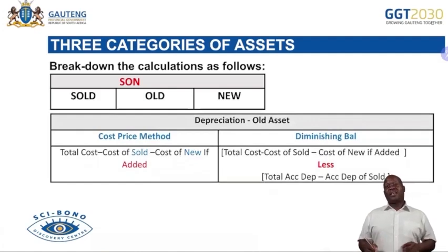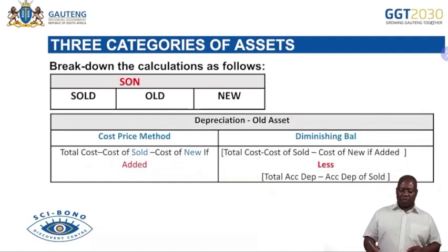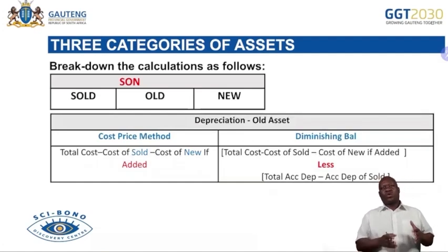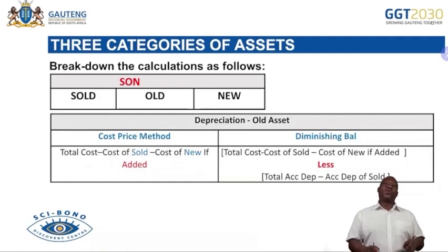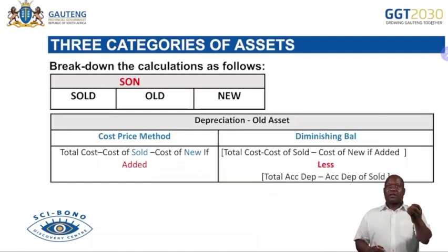And if we are using the diminishing balance method, we go to the total cost of all our equipment, all our vehicles. Then we subtract the cost of the one that is being sold, as well as the cost of the new one if it's already added there. And we do the same that we have done to our cost on our accumulated depreciation.